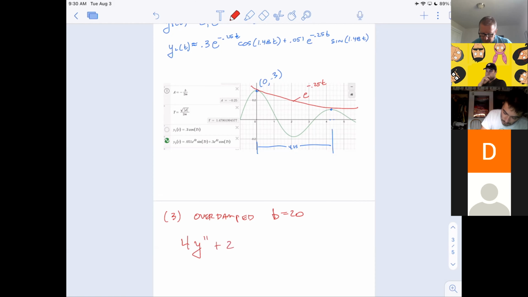We switched B to 20 and we left the spring constant alone, and it was still a free mechanical vibration, no exterior forces. Well, what do you get this time when you put that in the quadratic formula?